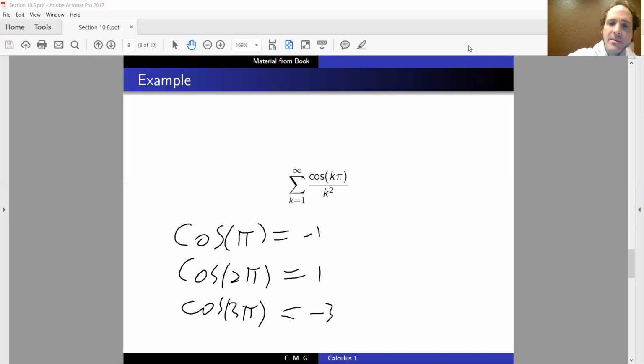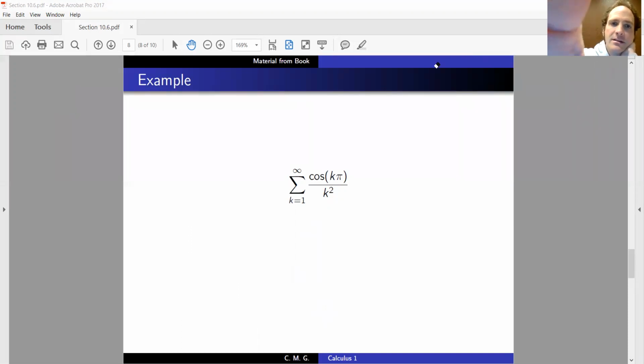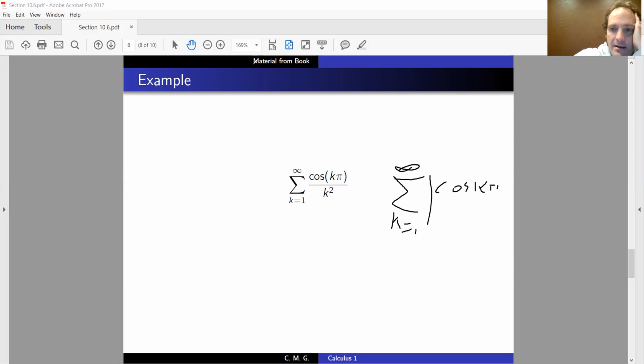So what about the sequence ignoring the sign, the absolute value of this thing? The absolute value of cosine k pi over k squared is just the sum of 1 over k squared.